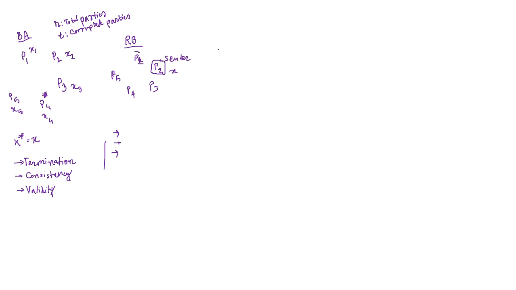Now once we have introduced the RB and BA protocols, you may understand that BA and RB are actually kind of basic building blocks for multi-party secure computation. So you are trying to compute some function in a multi-party setting, but let's say after the computation is done, each party has received some output of that computation.